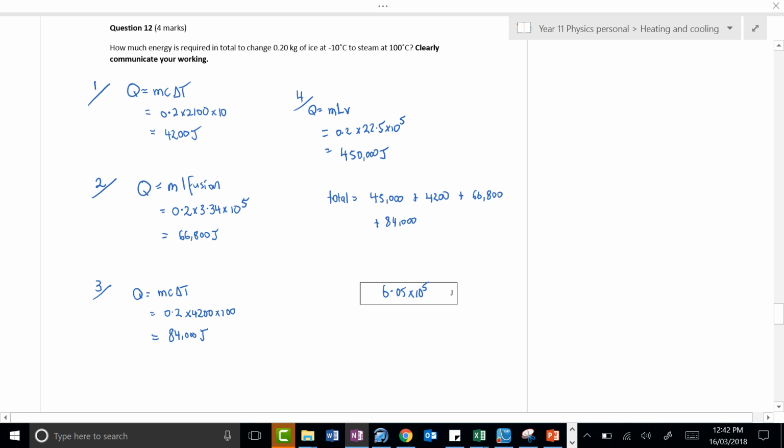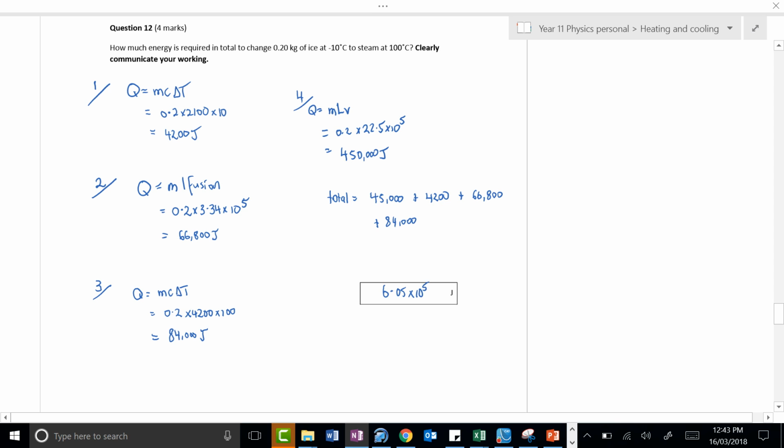Then we've got the melting of the ice, which is the latent heat of fusion multiplied by the mass, which is 66,800.